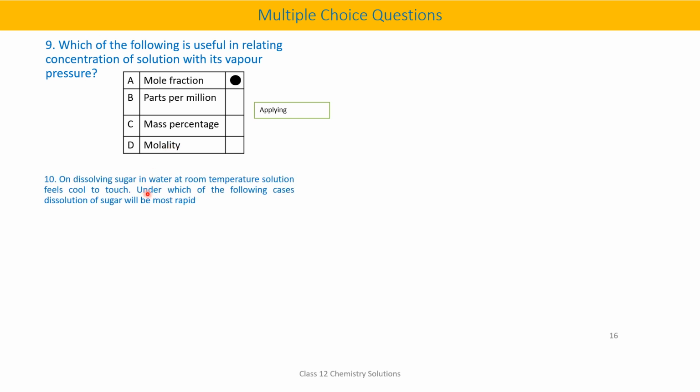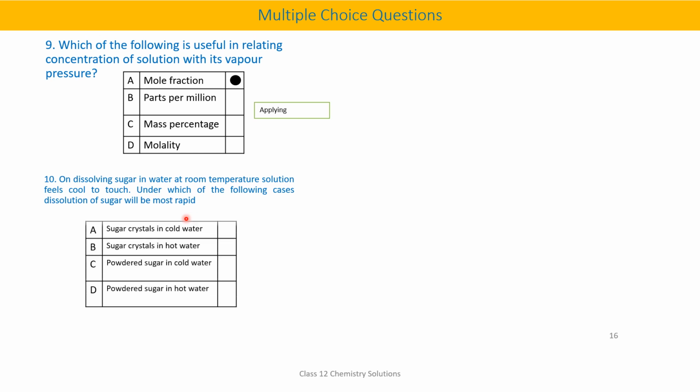On dissolving sugar in water at room temperature, the solution feels cool to touch. Under which of the following cases will dissolution of sugar be most rapid? Underline most rapid, where the rapidity is more. Four options are there: sugar crystals in cold water, sugar crystals in hot water, powdered sugar in cold water, and option D is powdered sugar in hot water.